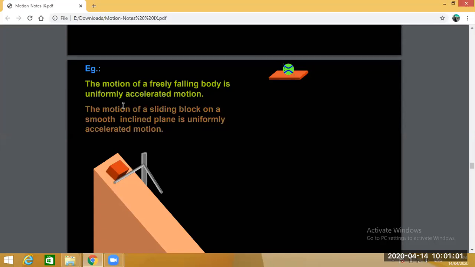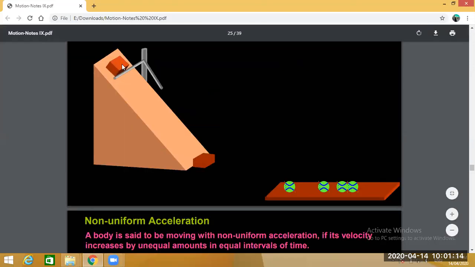So final velocity minus initial velocity divided by time will be negative, and hence the body is said to be moving with negative acceleration or retardation. Similarly, look at this block on an inclined plane. When you release this block, at the starting its velocity was 0, but as soon as it is released, its velocity goes on increasing, and when it comes to the bottom, its velocity will be maximum.